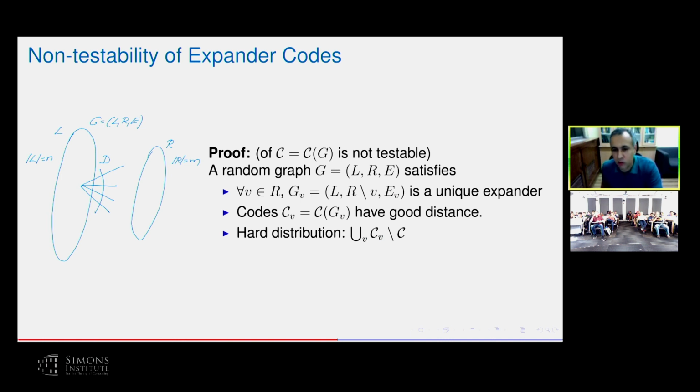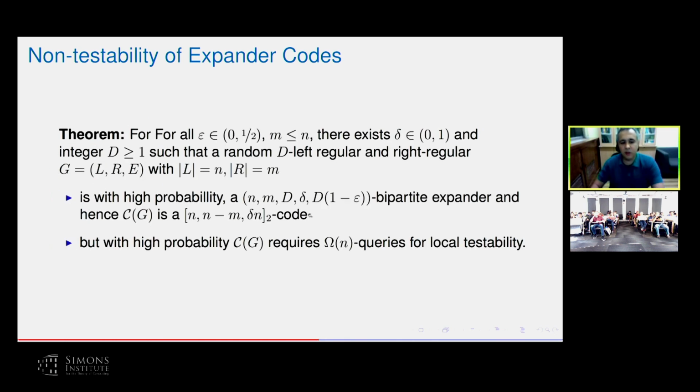So what we have shown so far is that codes that arise out of expander graphs, a random graph, have great properties with respect to distance and rate, but with respect to testability, they fail to be testable in a very strong fashion. More precisely, we had this theorem: it has good distance and rate, but with high probability, the code requires a linear number of queries for any testability.